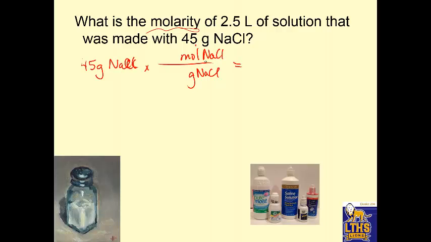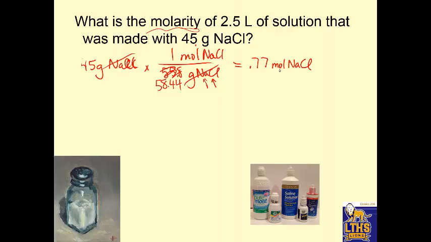So I need to say 1 goes with moles anytime with grams, and then sodium plus chlorine is 58.44 grams of NaCl for every 1 mole. So 45 grams divided by 58.44 grams is 0.77 moles of NaCl.